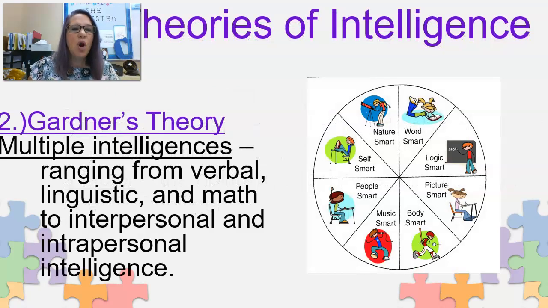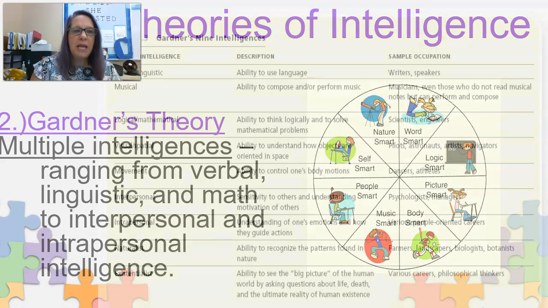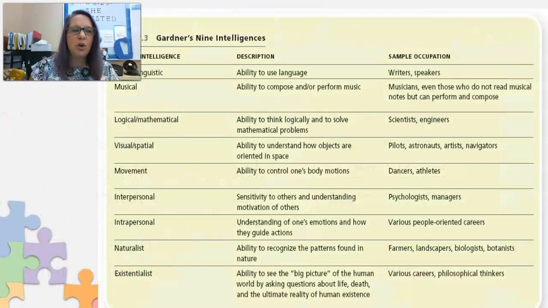Then we have Gardner's theory of multiple intelligences. He said that we definitely had more than just two intelligences, more than just general and specific. He actually said that we have 8 different types of intelligence, and this slide shows you the 8 different types. He did add a 9th later in his life, but I really just want you guys to know the 8.